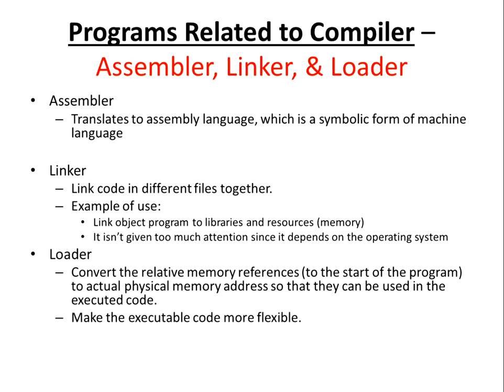So if you are referring to memory location X in your code, it's going to be translated into a memory location corresponding to the position where your program is going to be loaded. For instance, if you declare a variable at the beginning of your code and then you load your program into memory, the loader will convert your X memory location to a memory location that corresponds to the actual physical memory address in the memory.